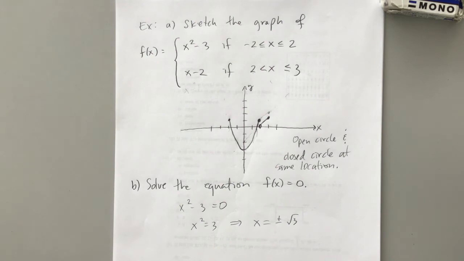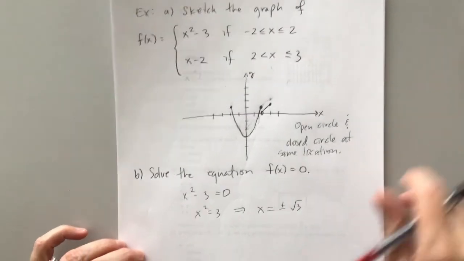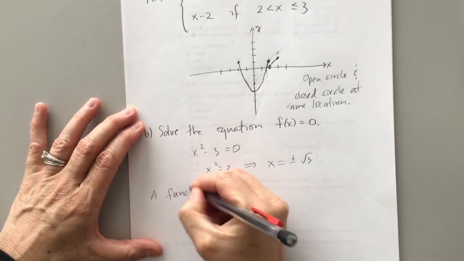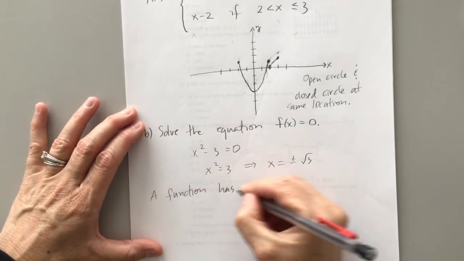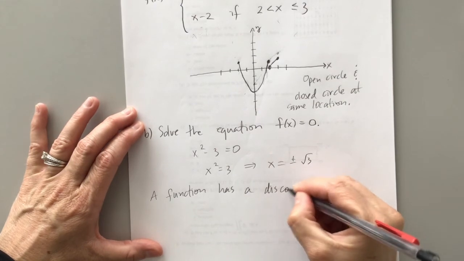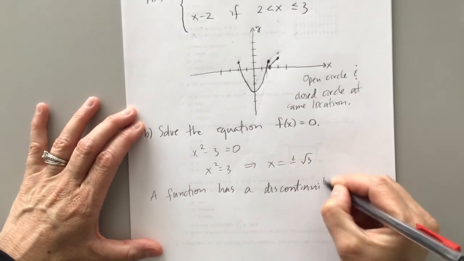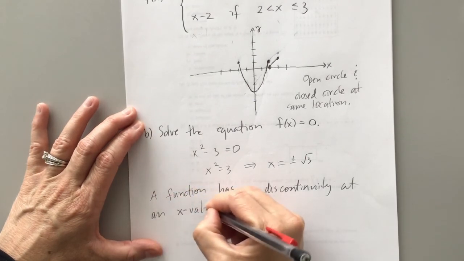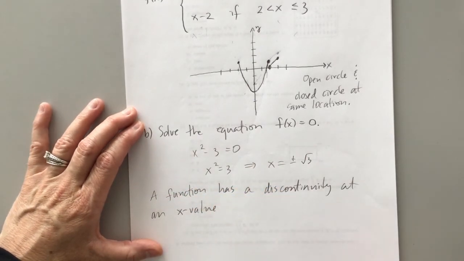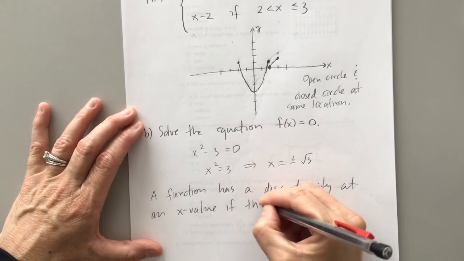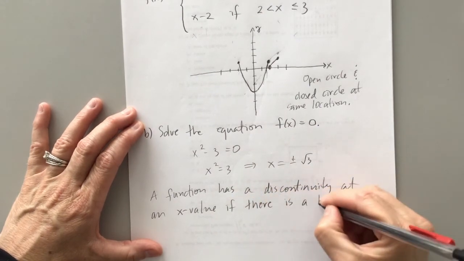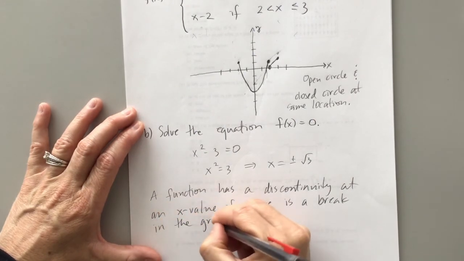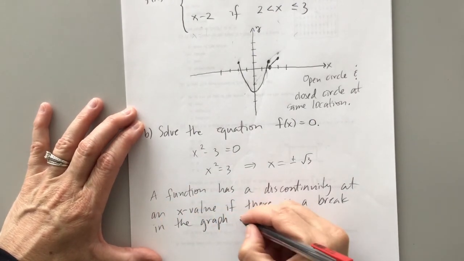All right, the last thing I want to touch on is the notion of continuity. So a function has a discontinuity at an x value if there is a break in the graph at that x value.